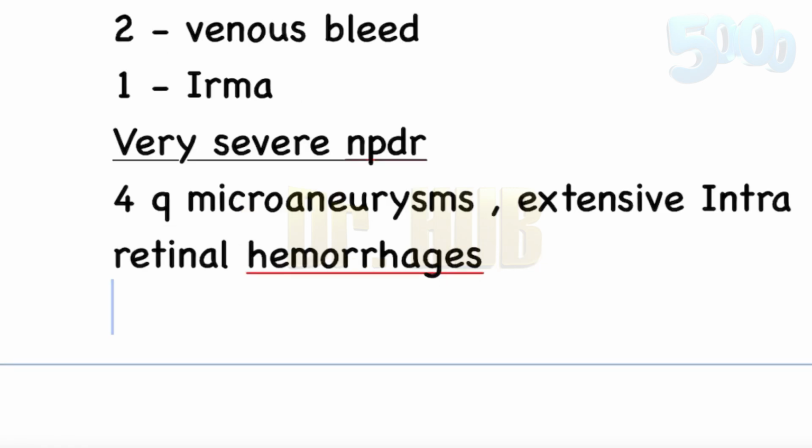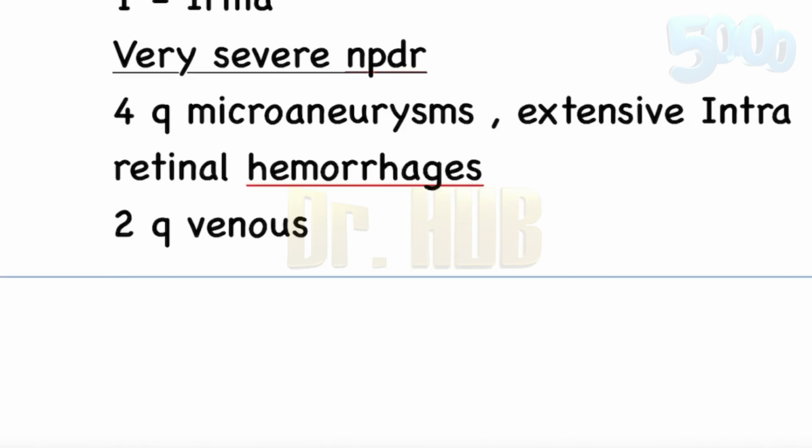Next is the 2 quadrants, which include the venous bleeding, and 1 quadrant of the IRMA changes.